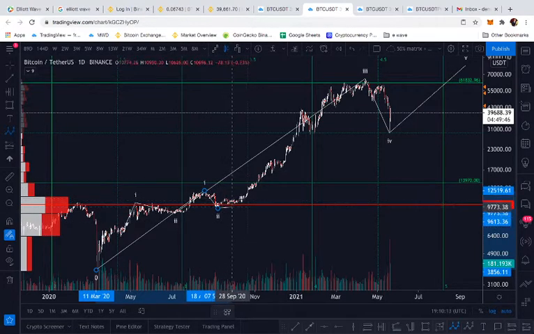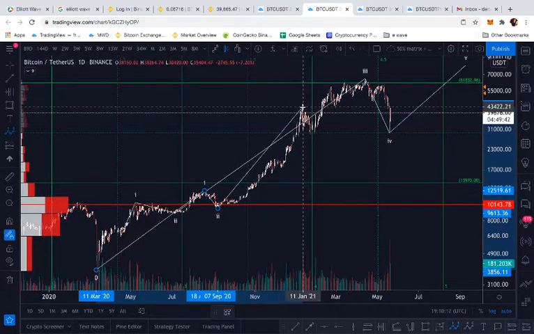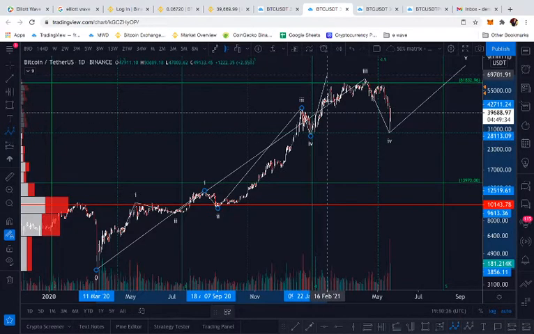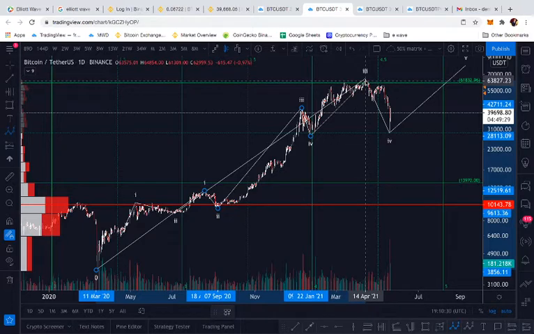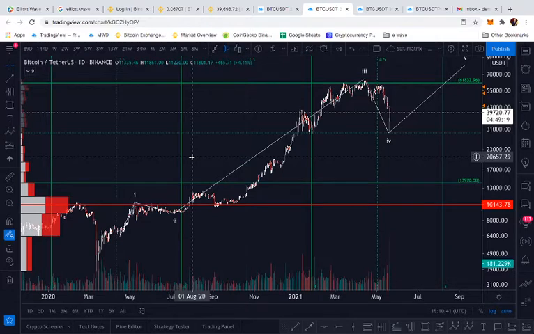Then we have this as 3, 4, 5, and then I have this as 1, 2, 3, 4, 5. Something like that. All those retracements are so shallow. But yeah, that could be a wave for sure.